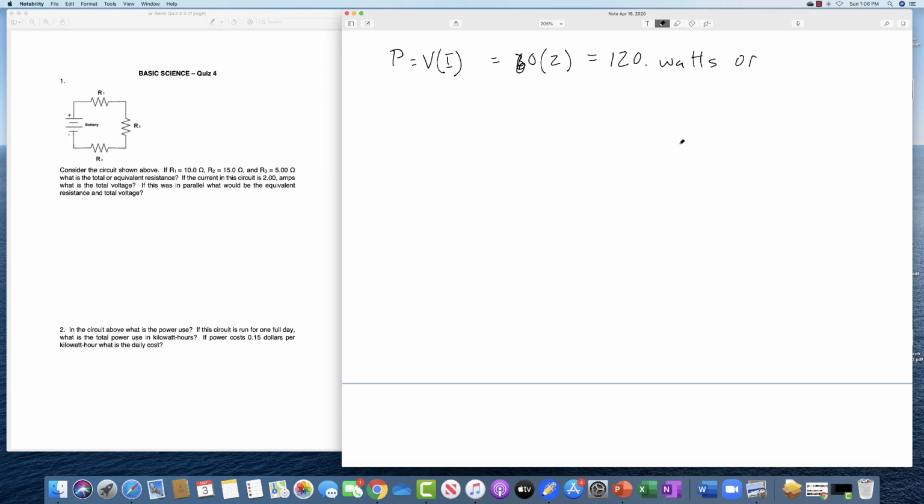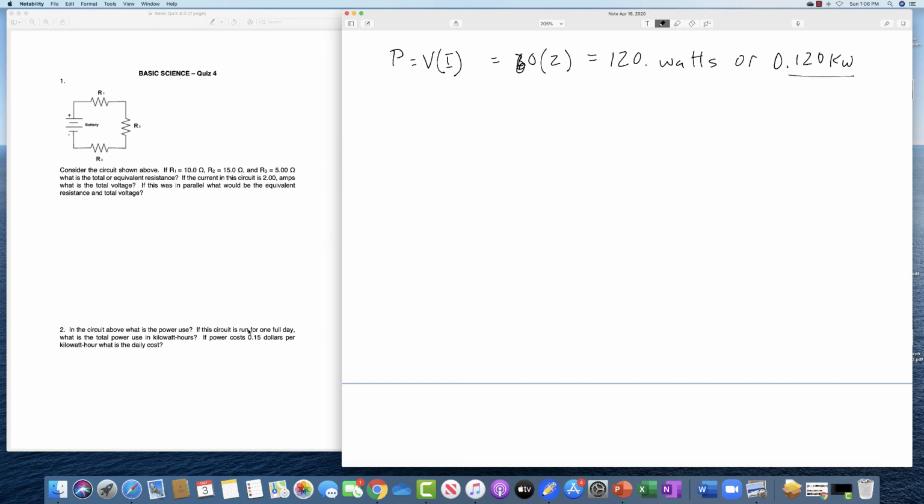Or, and I'm doing this because of the next kilowatt question, the power is 0.120 kilowatts. A kilowatt is 1,000 watts, so you would divide this by 1,000 to find the kilowatts.